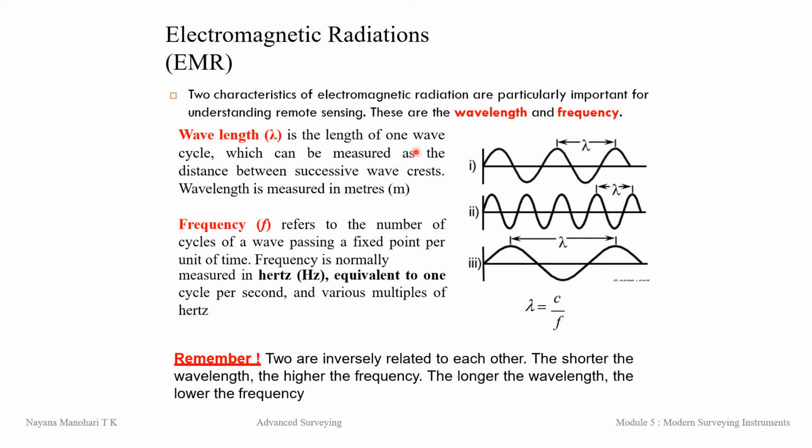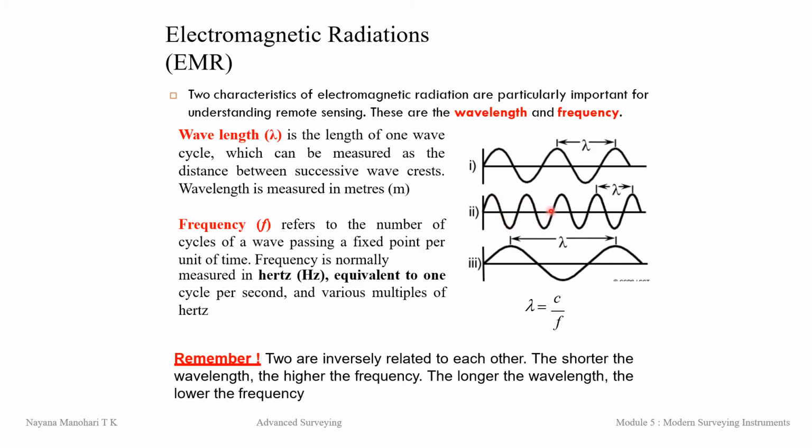Wavelength is the length of one wave cycle, which can be measured as the distance between successive wave crests. Wavelength is measured in meters. Similarly, frequency refers to the number of cycles of a wave. This is one cycle. See here, one cycle.